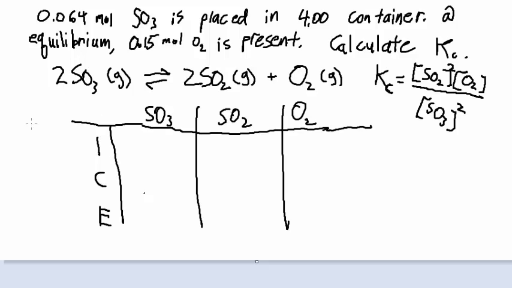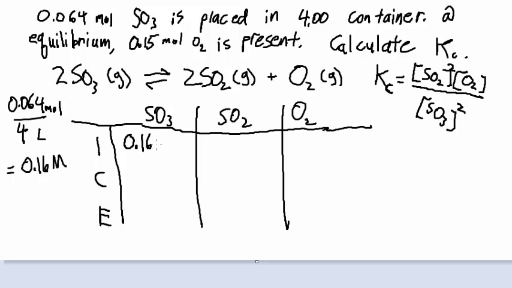And again, let's not forget to convert this 0.064 moles of SO3 into concentration, molarity. So to do that, we'll divide by the volume again. And this 0.16 is our initial molarity of SO3. And the other thing we just figured out was this 0.0375 molar oxygen at the end.